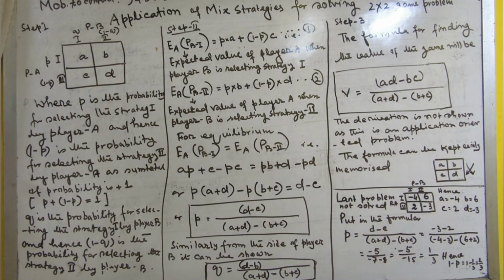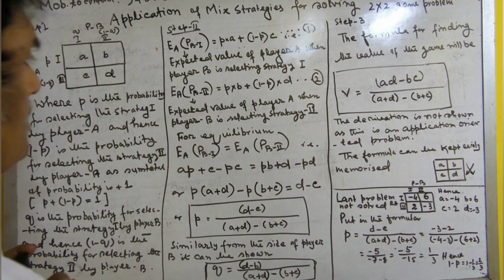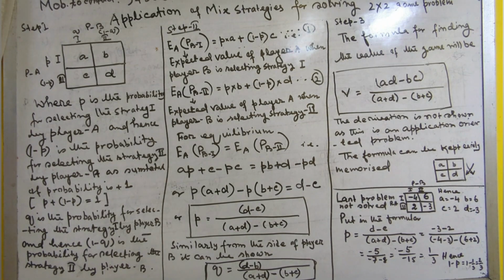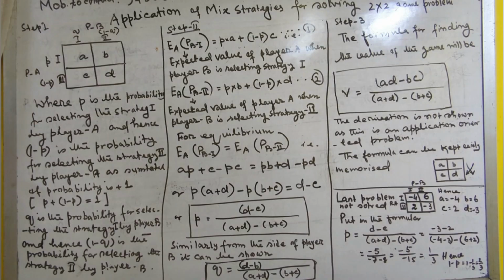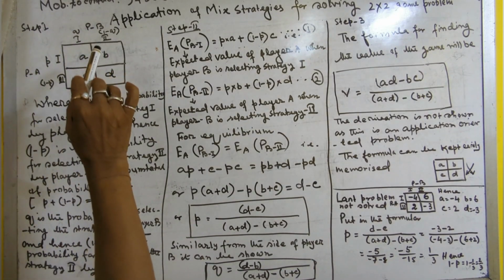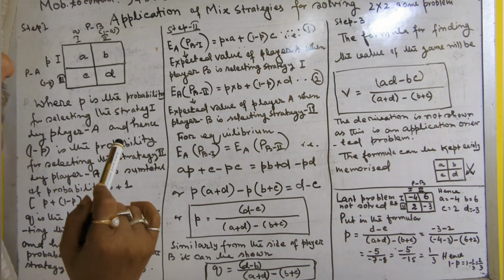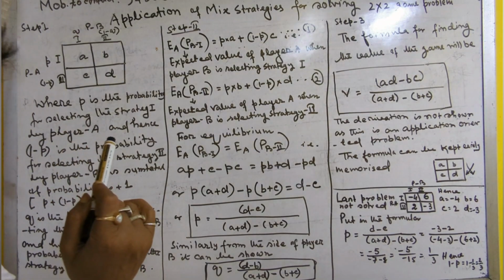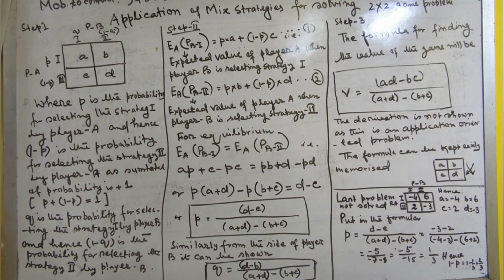Though it is a mathematical part, we will discuss the algebraic method for getting the value of probability and for developing the formula. So we are taking the 2 by 2 matrix, and I am taking the general values so that we can apply the formula for all problems where mixed strategies are required, to get the values of the probabilities to be applied for the strategies.